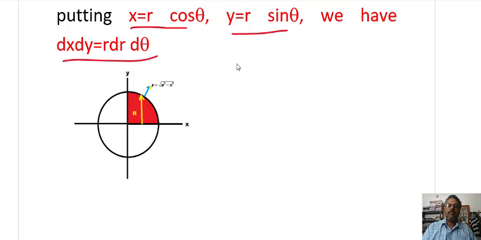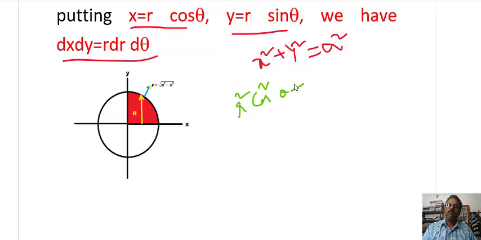The given curve is x square plus y square equals a square, that is r square cos square theta plus r square sin square theta equals a square. If you simplify, r square is common, so r square into 1 equals a square.